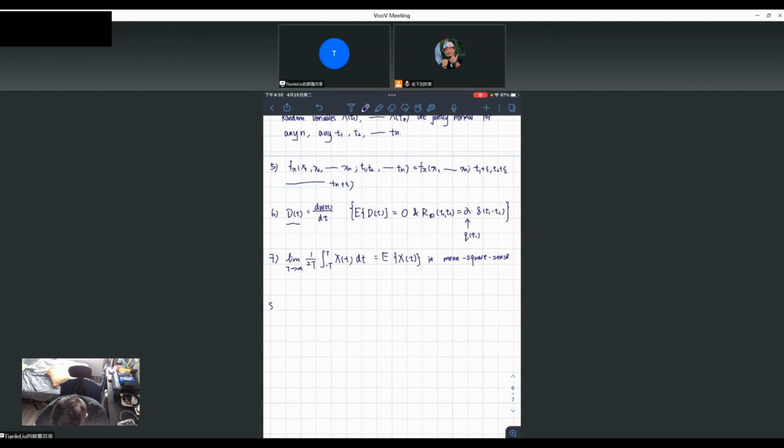For the last one is the martingale, which is the expected value of X(t) given X(s) equals X(s), where s is less than or equal to t.